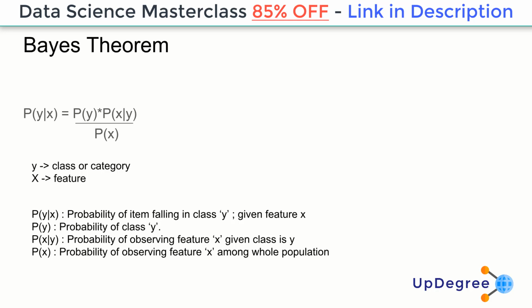So P(y|x) stands for, given x, what's the probability that it will fall into class y? And the solution is the probability of that class happening. It's called prior probability. P(y) is the probability of the class, multiplied by the probability we'll observe the feature in that class, P(x|y). So we know that we observe tall people in the male class more.